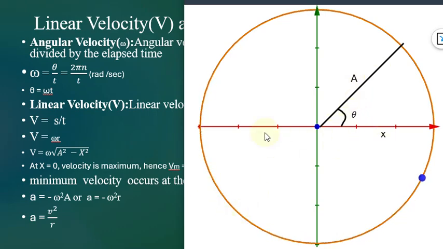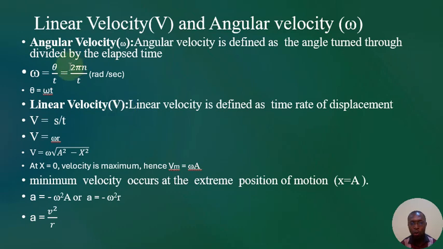All right, now we are going to derive some formulas with all these letters. Going back to the screen, we have the angular velocity to be theta over t, where theta is the angular displacement, and it is taken to be 2 pi n.